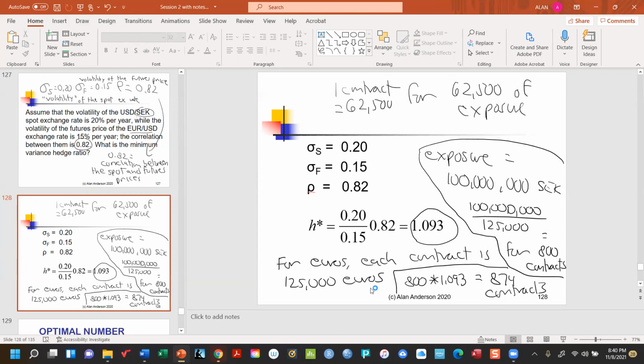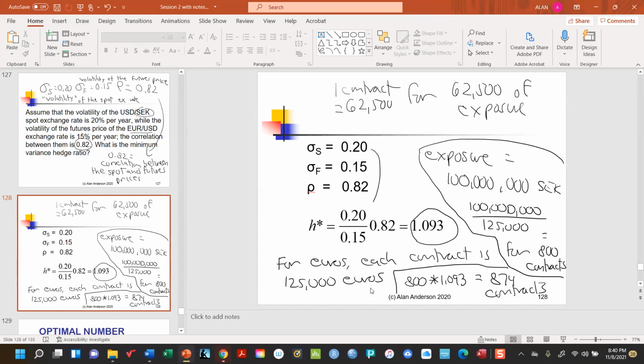Why is that? Because the volatility of the kroner is higher than the volatility of the euro futures contract, which means we need more contracts to hedge the additional risk.